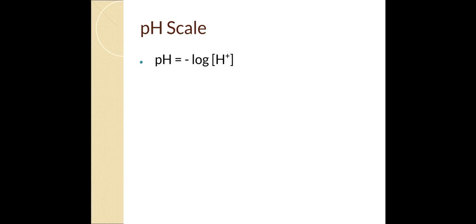Now I know when you see logarithms, you probably do a little vomit in your mouth because logarithms are kind of scary in your math classes. But for us, it's just a button on your calculator. So we would pick the negative log of the H plus concentration. So if we had a concentration of 0.01 for H plus, we would just take the negative log of 0.01.